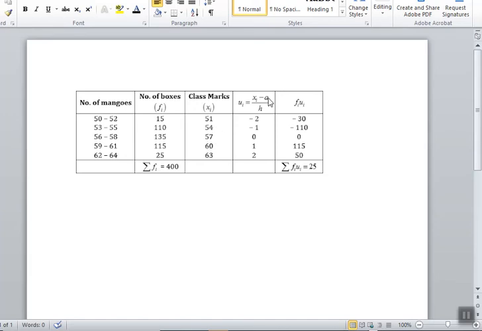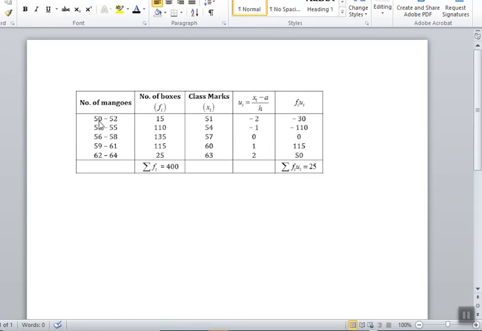Okay, got it. Now what is ui? ui means this xi, whatever xi you get, 51 minus A, this 57, upon h. H means the height of this interval. Now what is the height of this interval? 50 to 52. You will definitely subtract and say 2, but it's not 2, it's 2 plus 1.